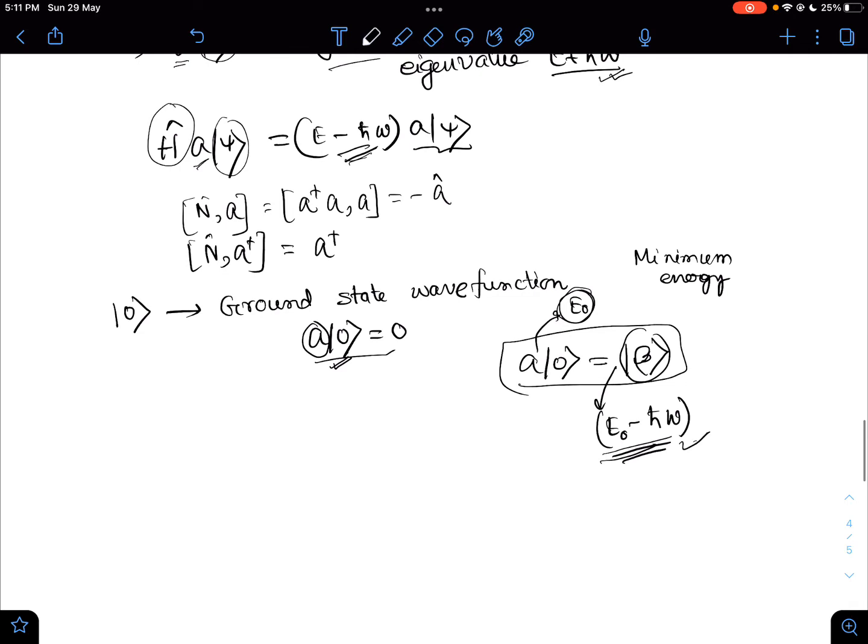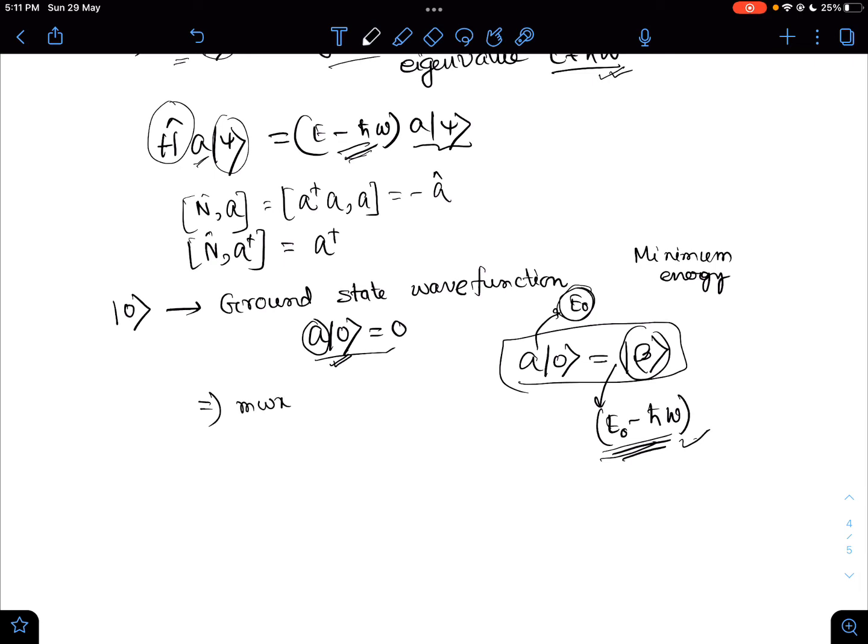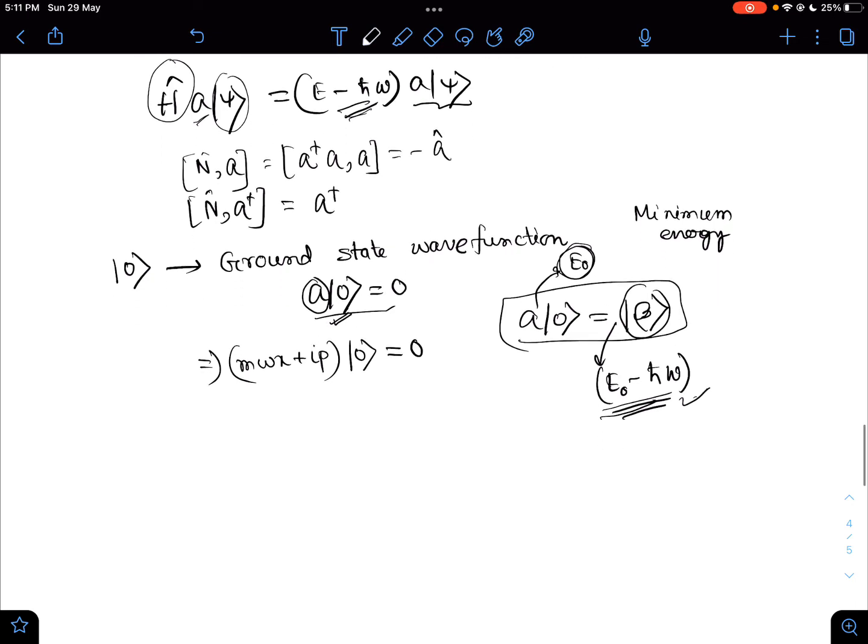So now we can represent a. This a we know is (mωx plus ip). Now we are trying to find the form of this ground state wave function. Let us work in position basis.